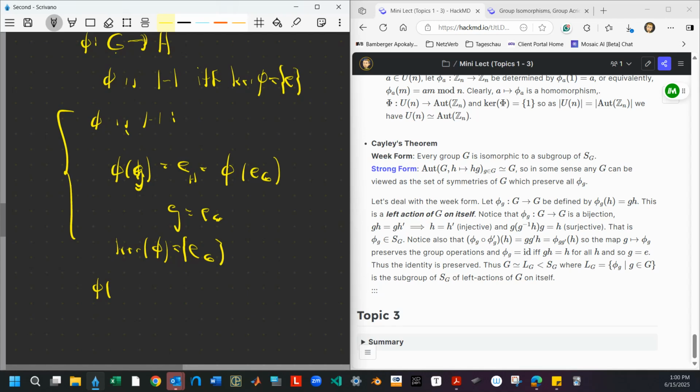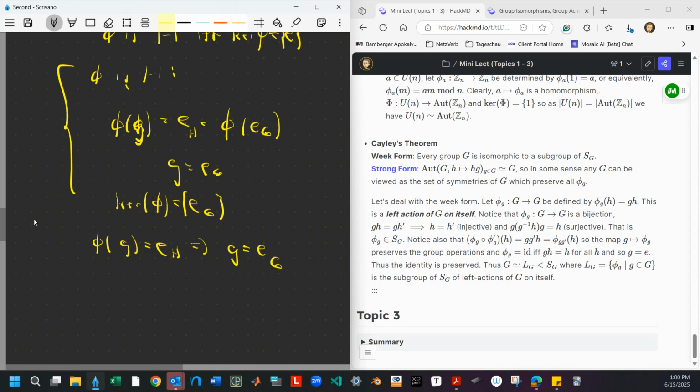Going the other way, this is what I was trying to do a minute ago. Suppose phi of g equals e, the identity of H, which implies g equals e sub G. So that says the kernel of phi is e sub G, and I'm assuming that. Now suppose phi of g equals phi of g prime.